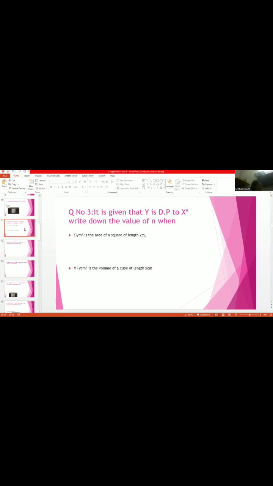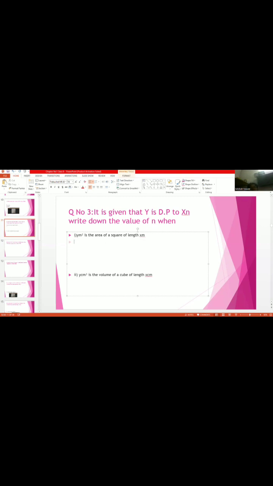Look here. They are saying it is given that y is directly proportional to x raised to power n. Here, n is given. Write down the value of n when y meter square is the area of a square of length x meter. First of all, we have to write the connecting equation here.